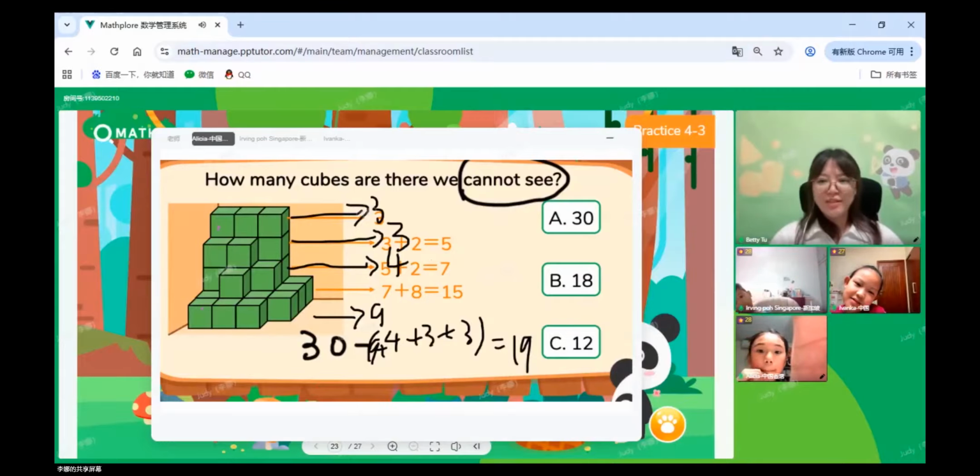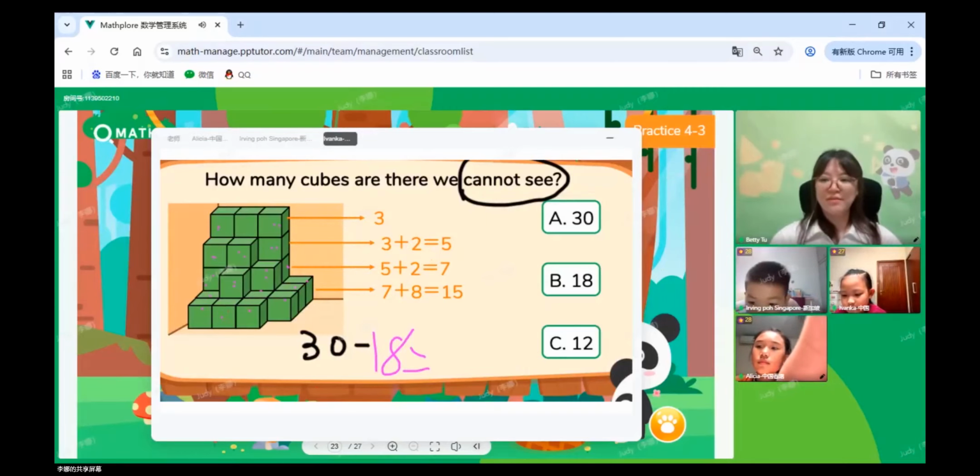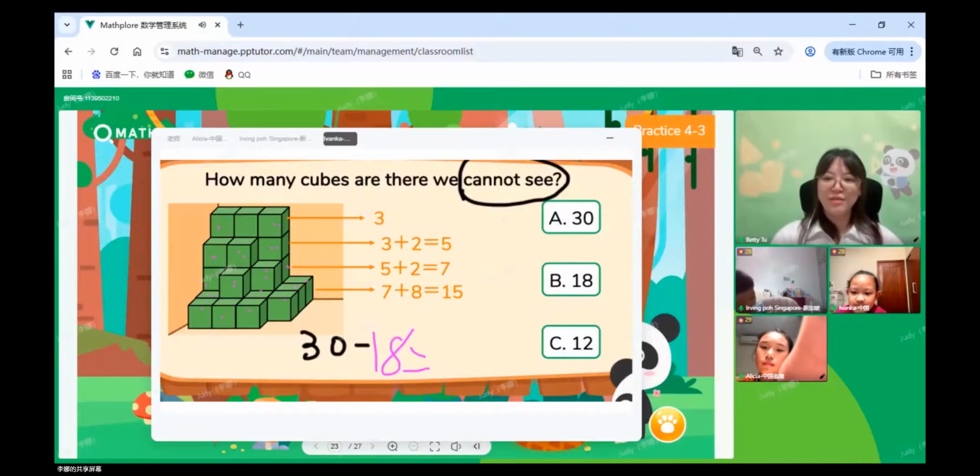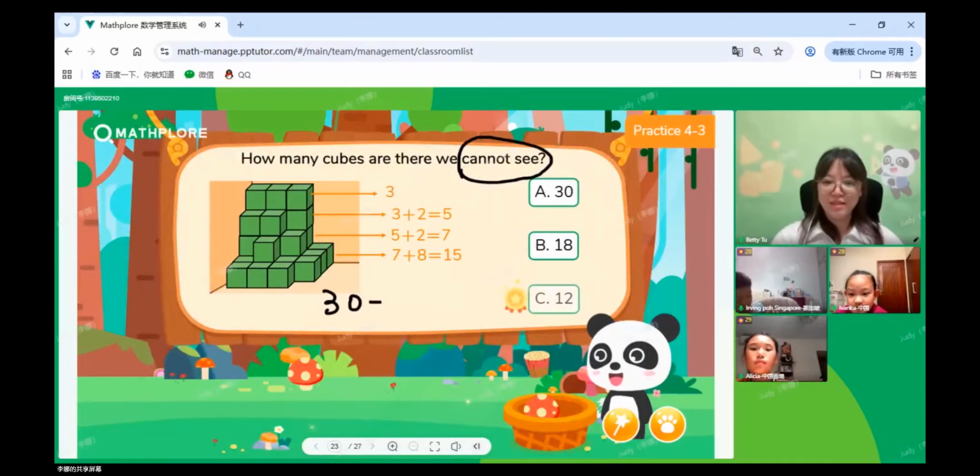Oh, the question is, Alicia, here we only have 8. See, 1, 2, 3, 4, 5, 6, 7, 8, right? That will be 18. Okay, good. Everybody found it, 18. 30 minus 18 equals 12. Good, so the answer is 12.